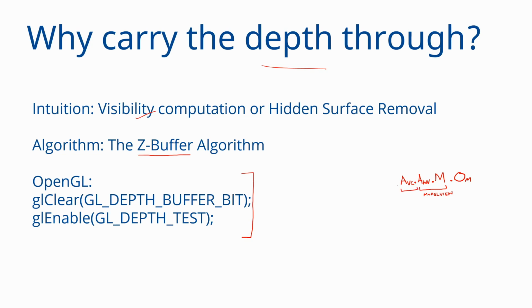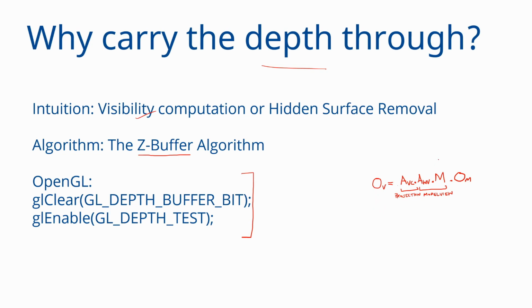This transform here in OpenGL language is called the projection transform, right? This is the vertex coordinate that you must leave OpenGL with at the end of the vertex shader.